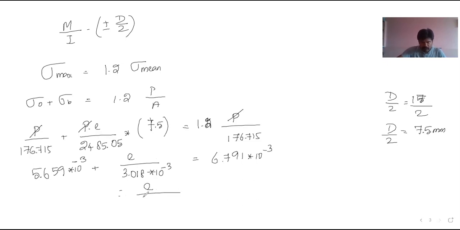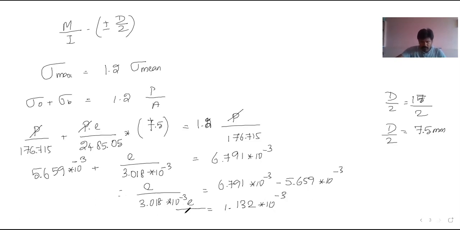Therefore, E divided by 3.018 into 10 to the power minus 3 is equal to 6.791 into 10 to the power minus 3 minus 5.659 into 10 to the power minus 3. So minus 5.659 exponential to the power minus 3 becomes 1.132 into 10 to the power minus 3.